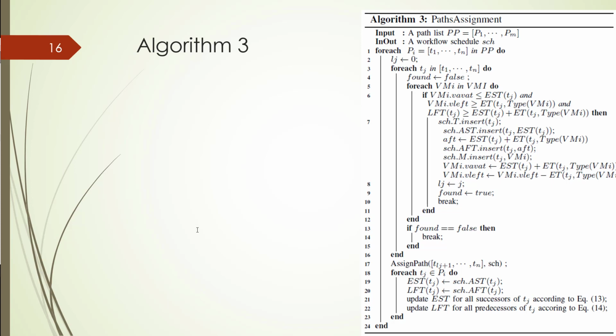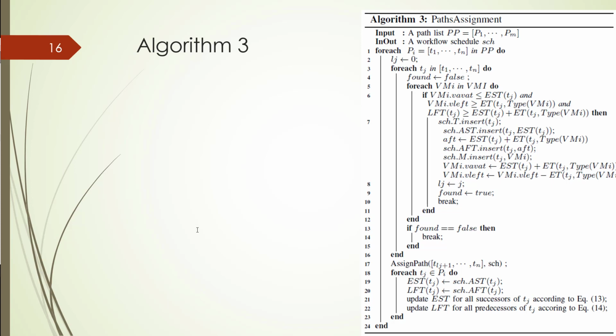For each partial path T1 to Tn in the partial path, we will assign Lj equal to 0 for each task in the current partial path, and let's say that the partial path has Tn tasks.